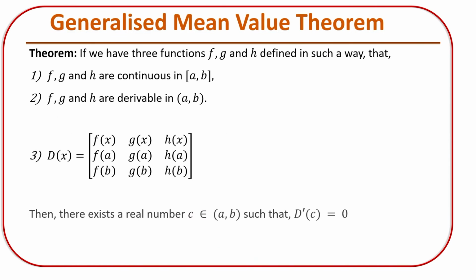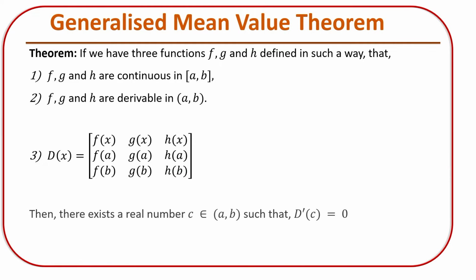Now, the generalized mean value theorem: we can extend this from two functions to three functions, and you can have various types of generalizations, but we kept ourselves to three functions here.